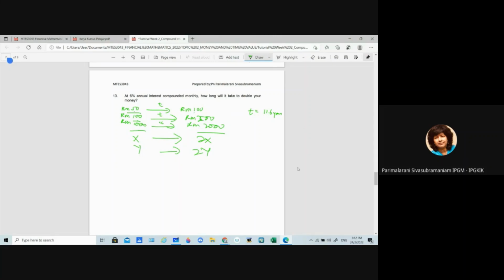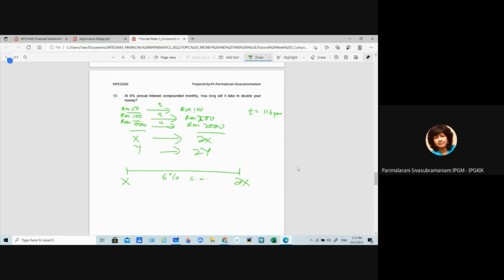So now they're asking you, this is your present value and you want to make it into 2X. How long does it take for your money to double at 6% annual interest compounded monthly?